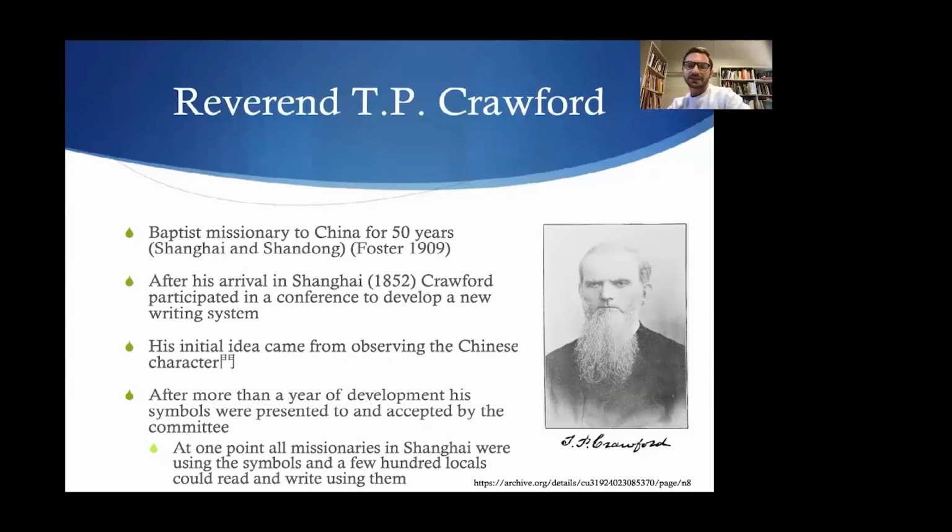And you'll see later on how he built off of this character. After more than a year of development, his symbols were presented to and accepted by the committee. And at one point, all missionaries in Shanghai were using the symbols, and a few hundred locals could read and write using them.